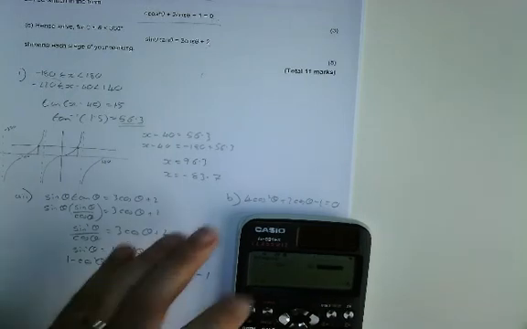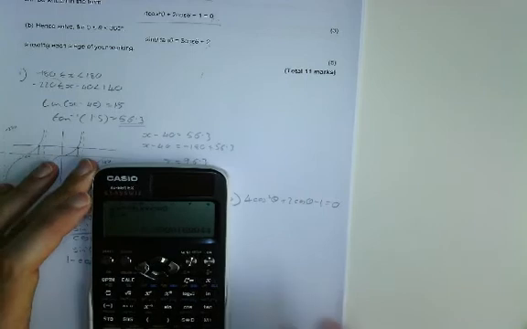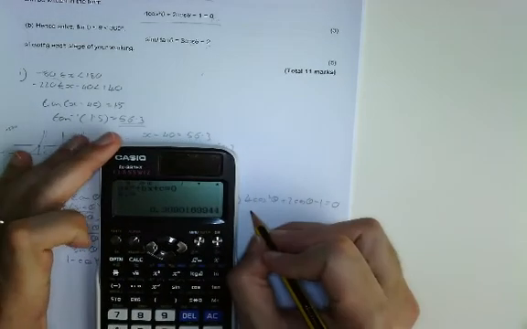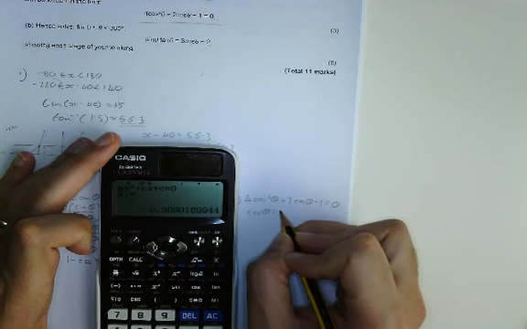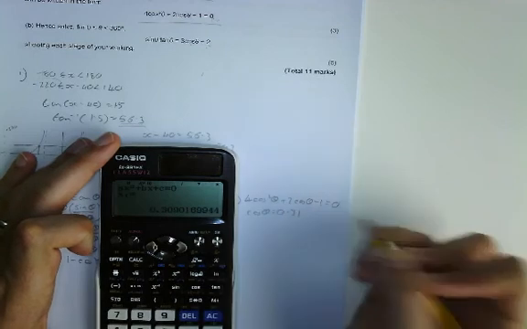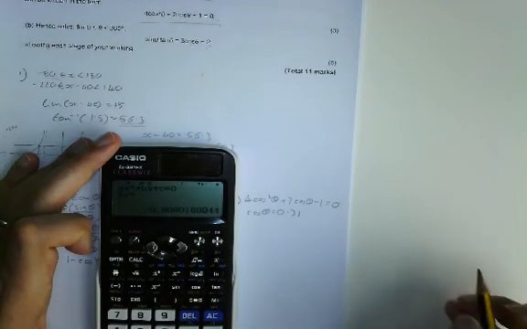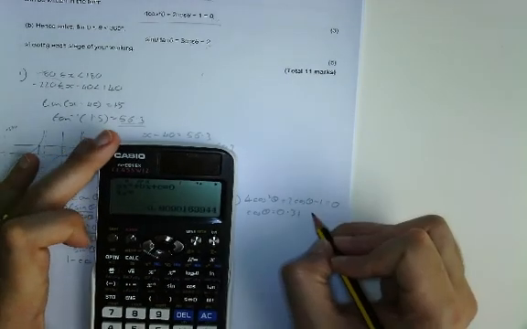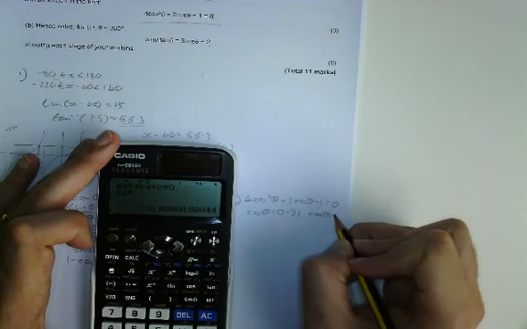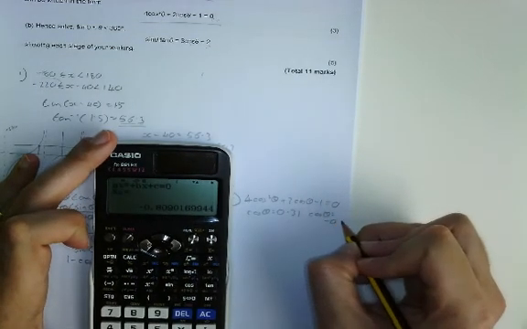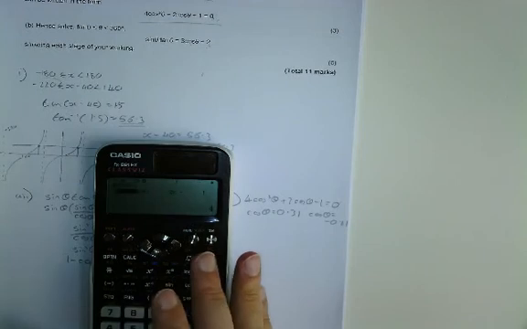So my solutions are going to be that cos theta equals 0.31, and cos theta equals minus 0.81.